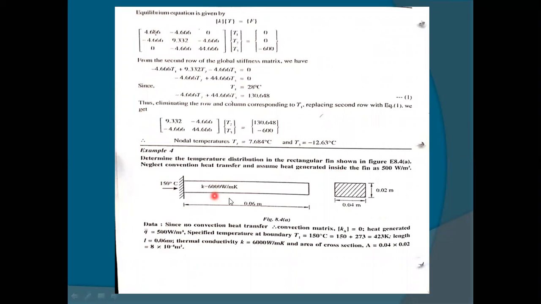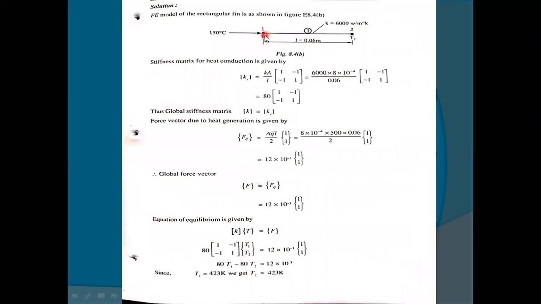So now we are writing the given problem into an FEA model. We get two nodes, node 1 and node 2. At node 1 the temperature is T1, at node 2 the temperature is T2. At node 1 the temperature acting is 150 degrees Celsius, and it has a total length. Since there are only two nodes, we get only one element.